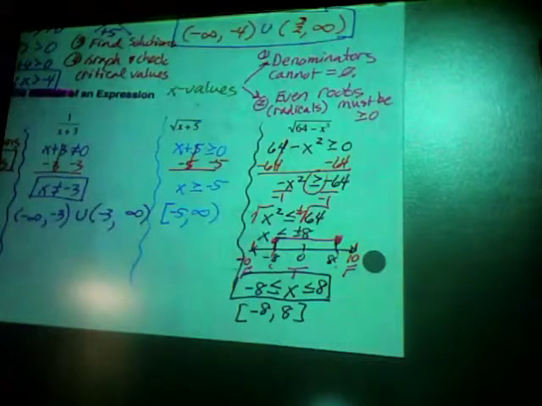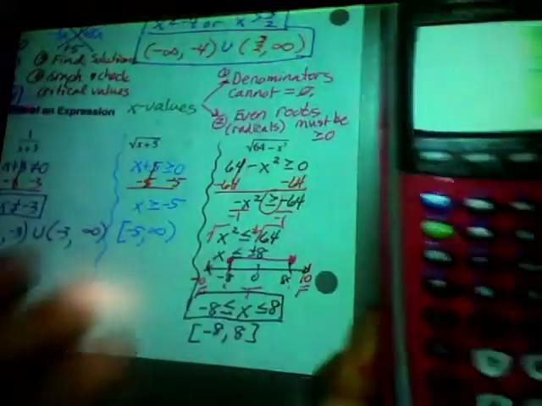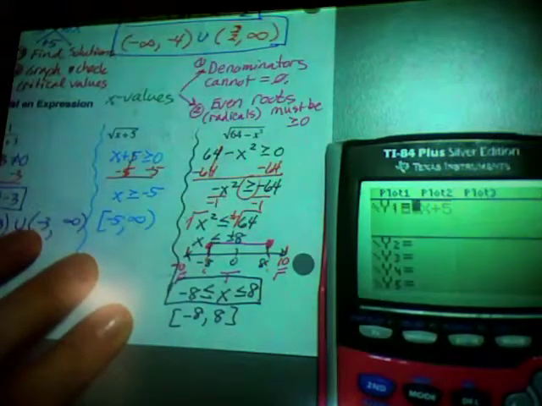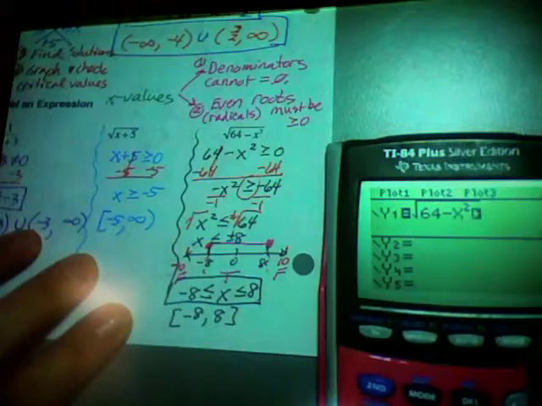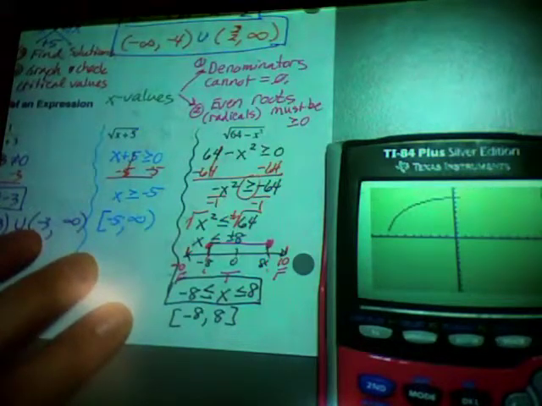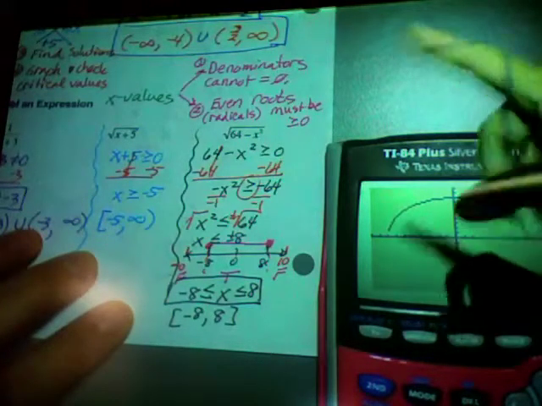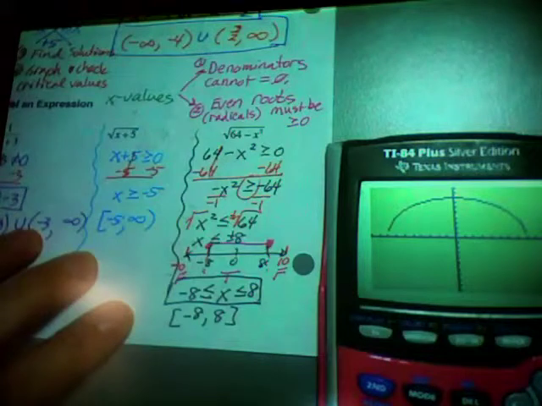And then on this one, let's just look to see what it looks like. So we're going to put that into y equals. Now it does look like it's not touching on my calculator here or here, doesn't it? So if you're not sure, what could I do on my calculator to see if negative 8 and 8 are solutions?